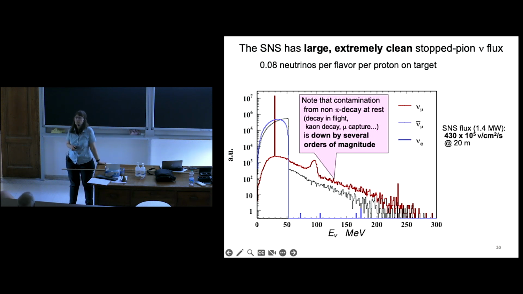Yes, but from the supernova point of view, is it also important in detail, or less? It's not. In the foreseeable future we are statistically dominated. In a very long-term future where we have much larger detectors, we would worry about uncertainties from higher energy. This is somewhat overrepresented, in the sense that the cross section typically scales as E squared, so at higher energy you get somewhat more of them, but it's still pretty small.